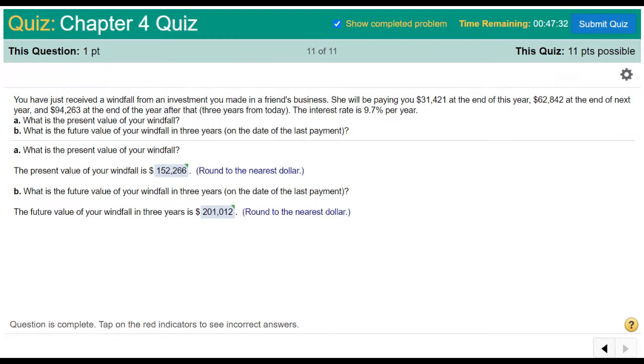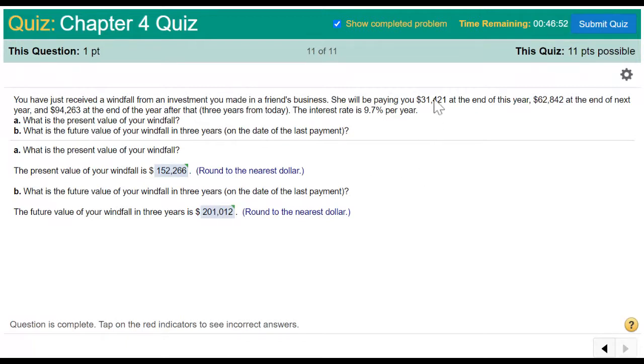The second one, N equals 2, I/Y equals 9.7, payment is 0, future value is 62,842. Compute for present value. Now you have two payments for year 1 and year 2. Now you need year 3. N equals 3, I/Y equals 9.7, payment is 0, future value is 94,263. And then compute for present value.